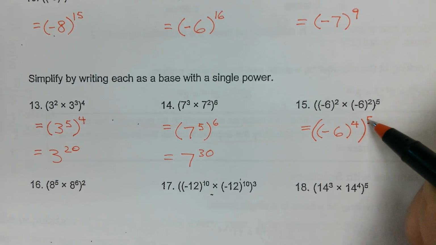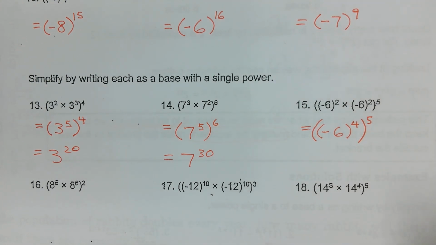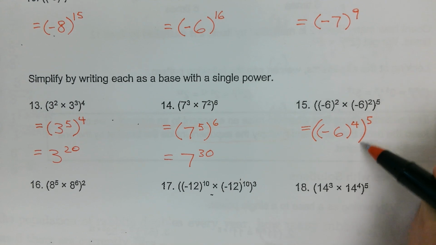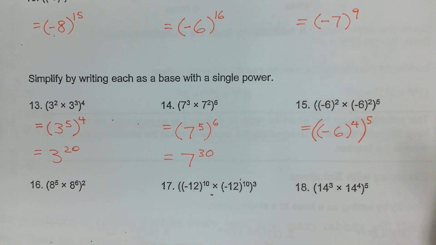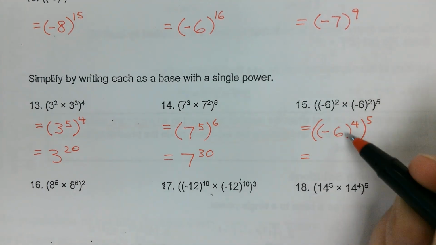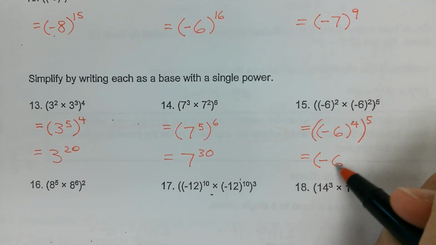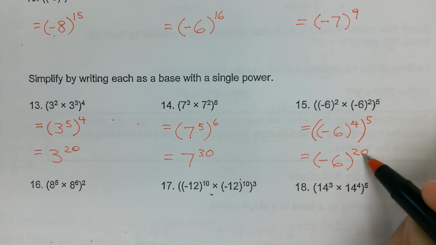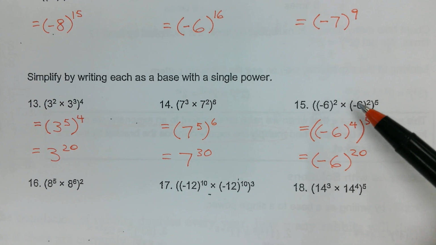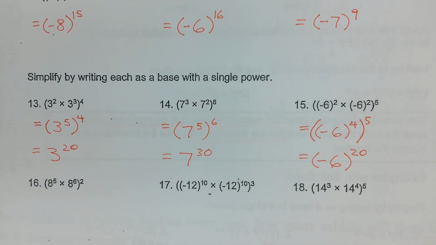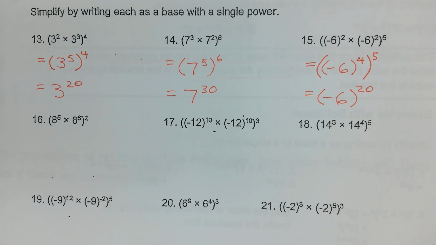If I just write that 5, it will look like it's to the power of 45. But I know what you're talking about. Just so that when I mark the test it doesn't look like you're raising to the power of 45, you should have this extra bracket right here. And then now I would have the -6 in brackets to the power of 20. So this is a tricky one because of the -6. Okay, thank you, Bella.